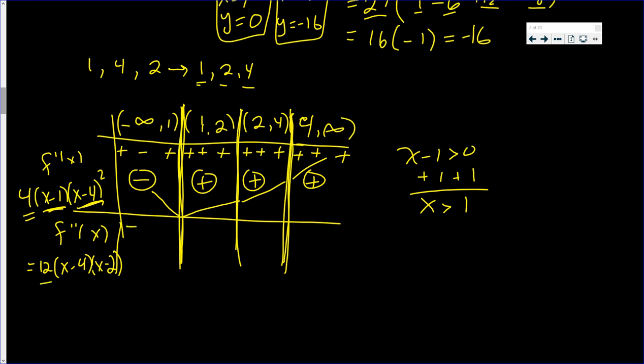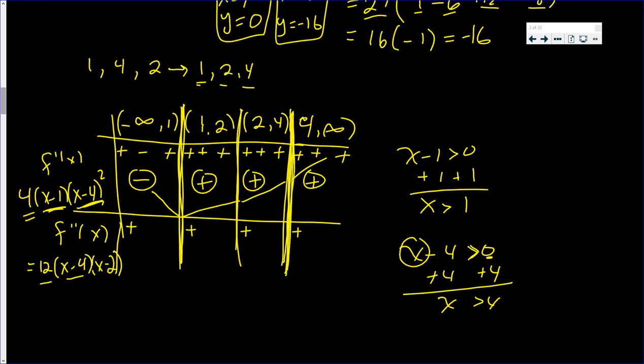Now we look at the second derivative. 12 is always positive. X minus 4, when is it positive? You should know it's when x is bigger than 4. How much money you have to have in the bank so you can take out 4 and have something left over? You have to have more than 4. Well, only this interval to the right of that line is positive.